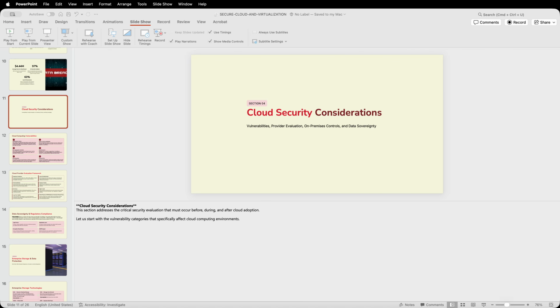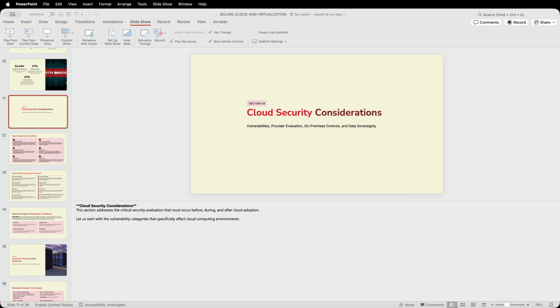Common errors include IT teams lacking cloud-specific security training, rapid migration driven by business pressure rather than security readiness, and the failure to implement the shared responsibility model. Many organizations incorrectly assume that the cloud provider handles all security, when in reality, the customer remains responsible for data classification, access control, application security, and configuration management.